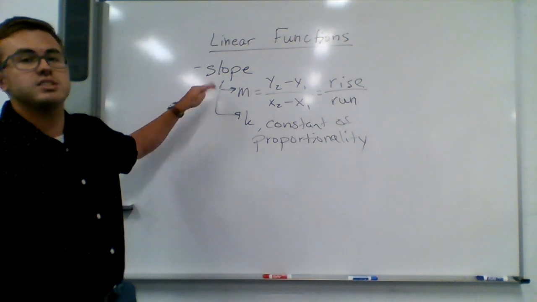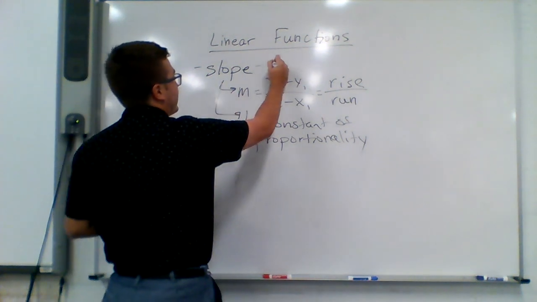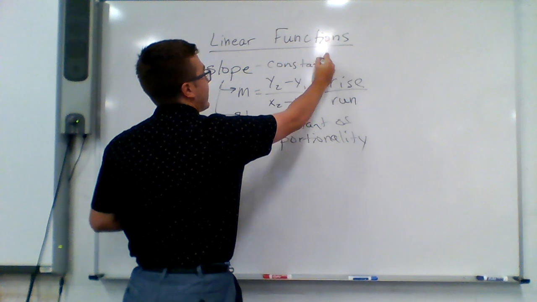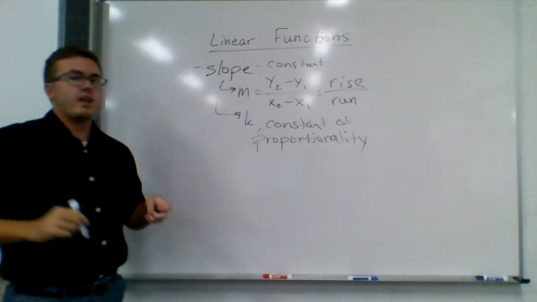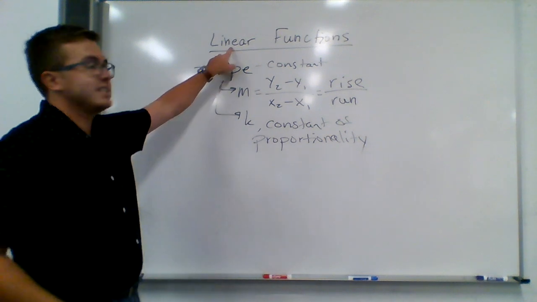So it has a slope, and that slope is constant throughout. It's a constant slope throughout that graph. And because it has that constant slope throughout the graph, it makes it linear.